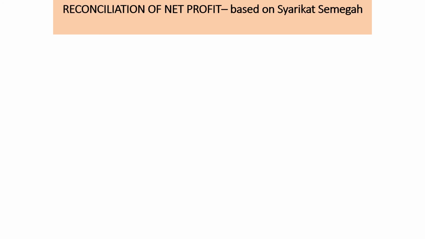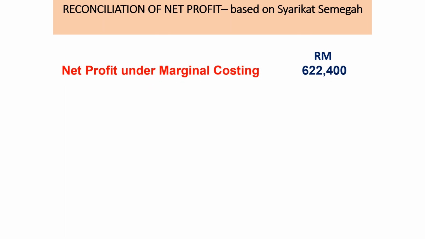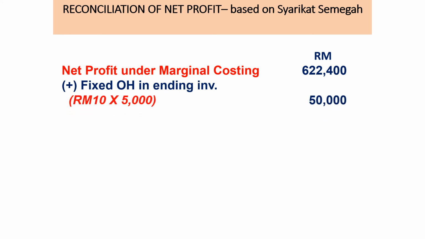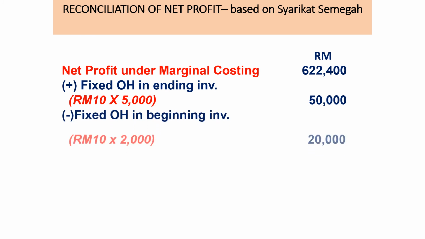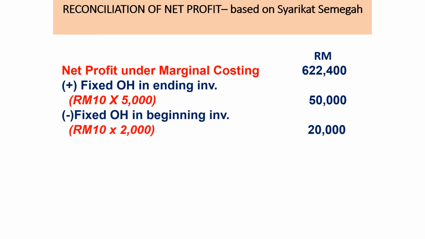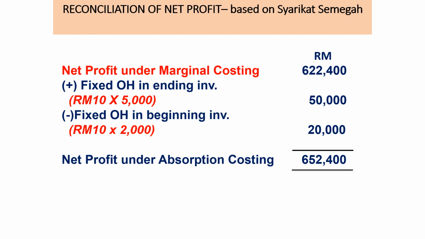Based on Syarikat Semegah, net profit under marginal costing 622,400 plus fixed overhead in ending inventory RM10 times 5,000, 50,000, minus fixed overhead in beginning inventory RM10 times 2,000, so 20,000. So the result will be 652,400, equivalent to the net profit under absorption costing.